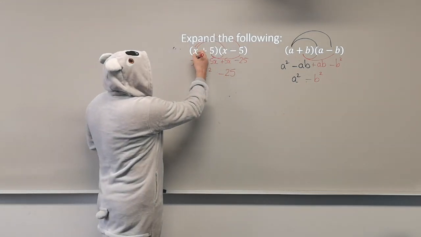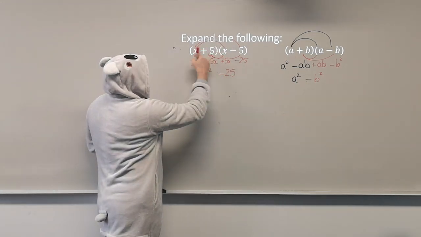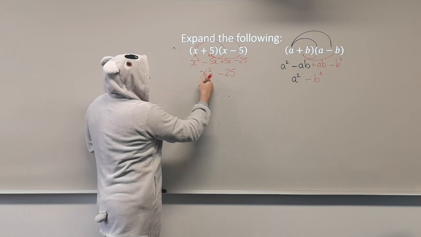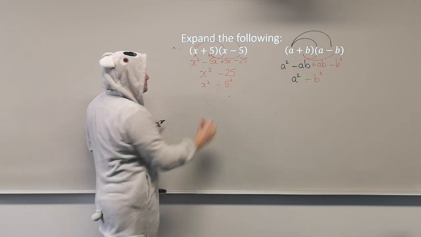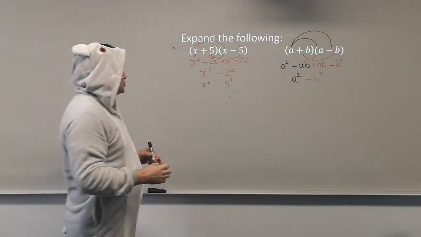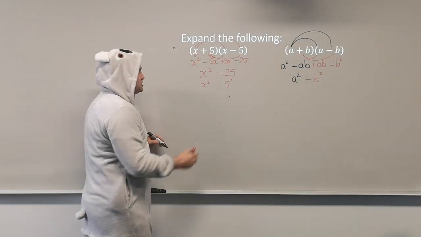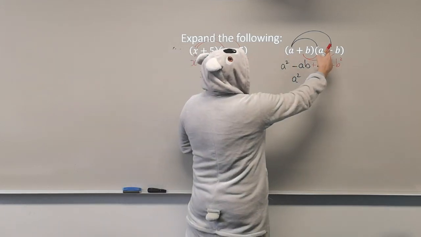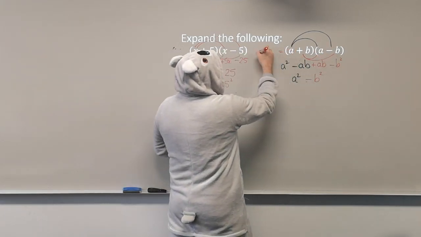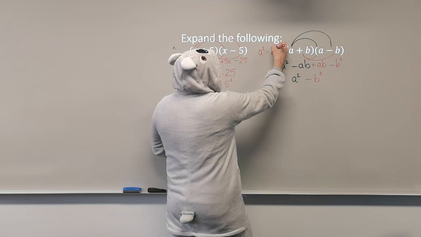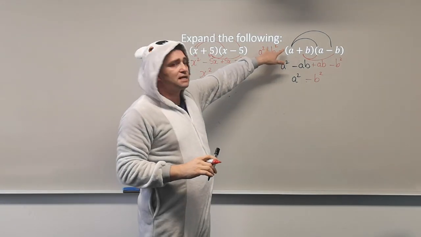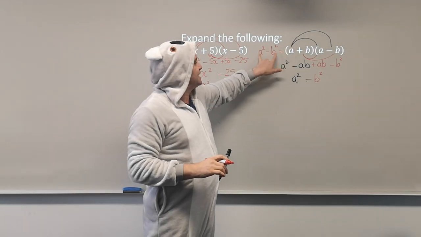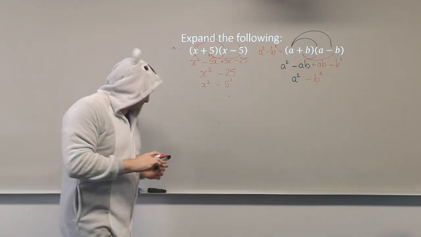So our a was x, our b was 5, so that should be x squared minus 5 squared, which is what we've gotten to. So, as I say, our expansion, a plus b, a minus b is a squared minus b squared. And the reason it's called the difference of two squares is we have two squares, a squared, b squared, and it is the difference of those two squares.